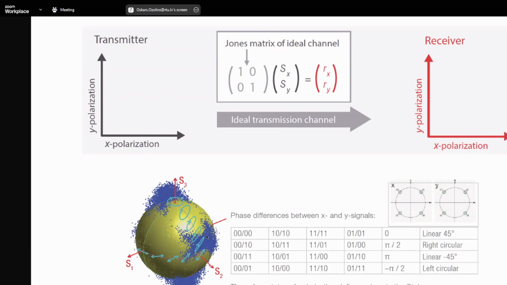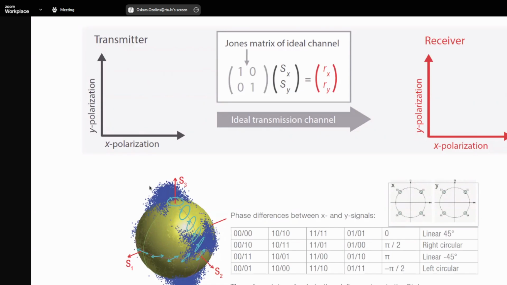Then we use this Stokes space where we define these states of polarization: linear 45, right circular, linear minus 45, and left circular. These are the cases where you have these phase differences between X and Y signals.